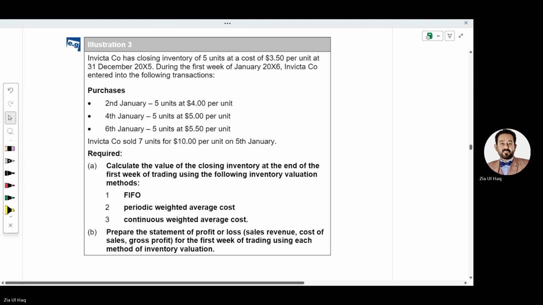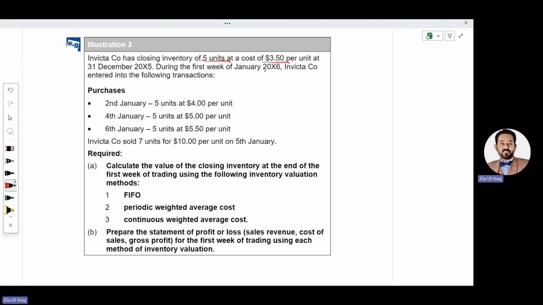Station 3. Invicta company has a closing inventory of 5 units at a cost of 3.50 per unit at 31st December 20x5. At 31st December 20x5, they had 5 units at 3.50.